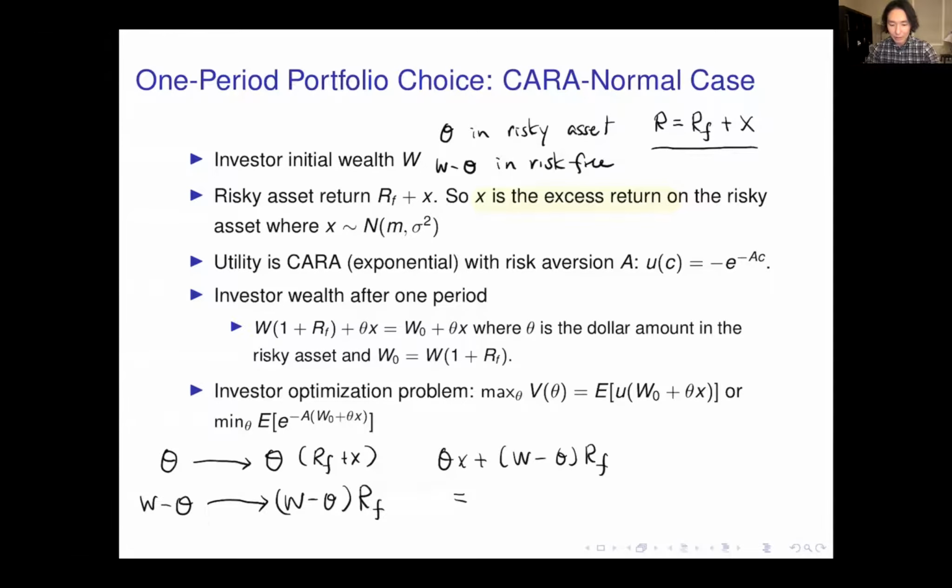If I rewrite it, we sum the two amounts. So this is the payoff coming from the risky asset, and this part is coming from the risk-free asset.